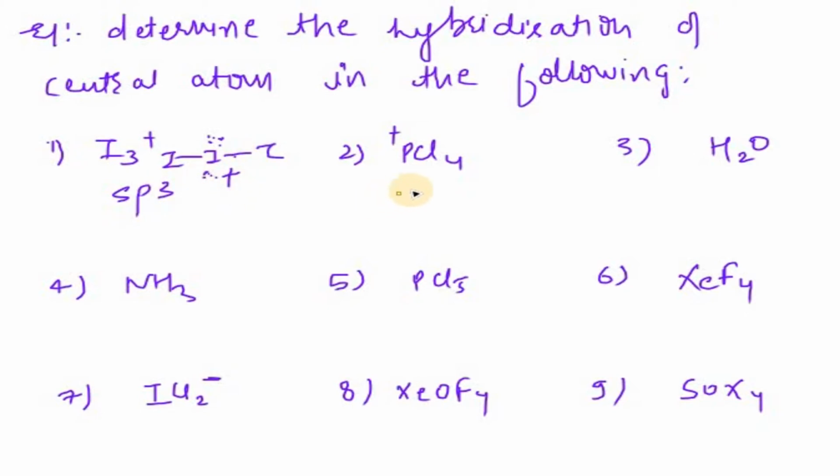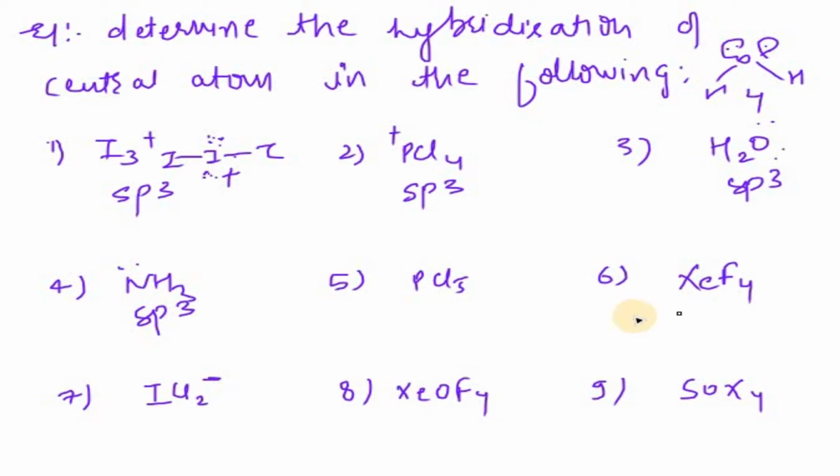If we talk about H2O, oxygen has 2 lone pairs and 2 sigma bonds, so the steric number is 4 and that's why it is sp3. Ammonia also has steric number 4, so it is sp3. For PCl5 the steric number is 5, that's why it is sp3d.